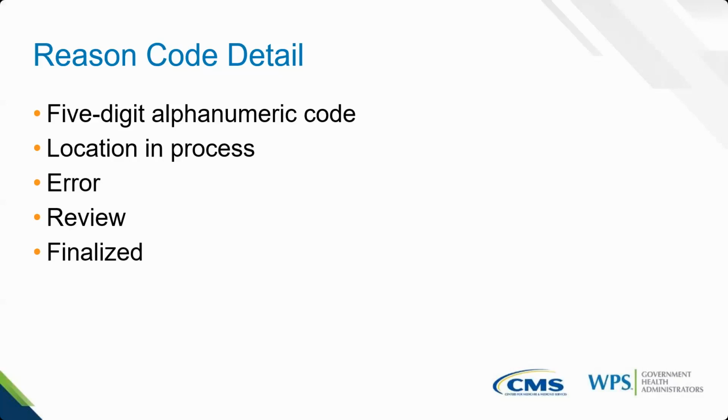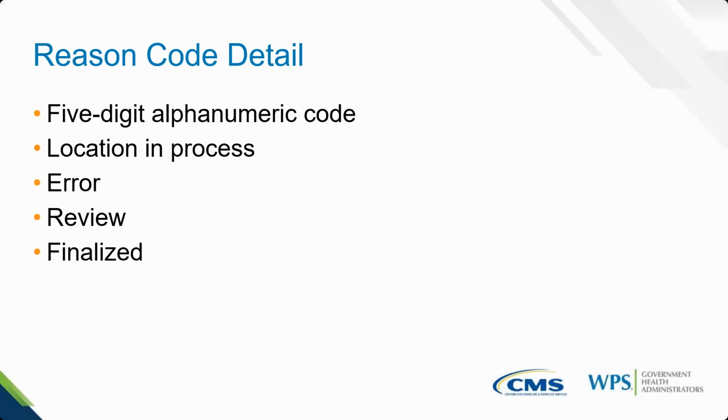So sometimes that can happen, like if there's multiple fields on the claim where maybe dates are incorrect, or maybe there's an invalid code being used in a certain field, then you could have 3 or 4 reason codes that go along the bottom of the claim.